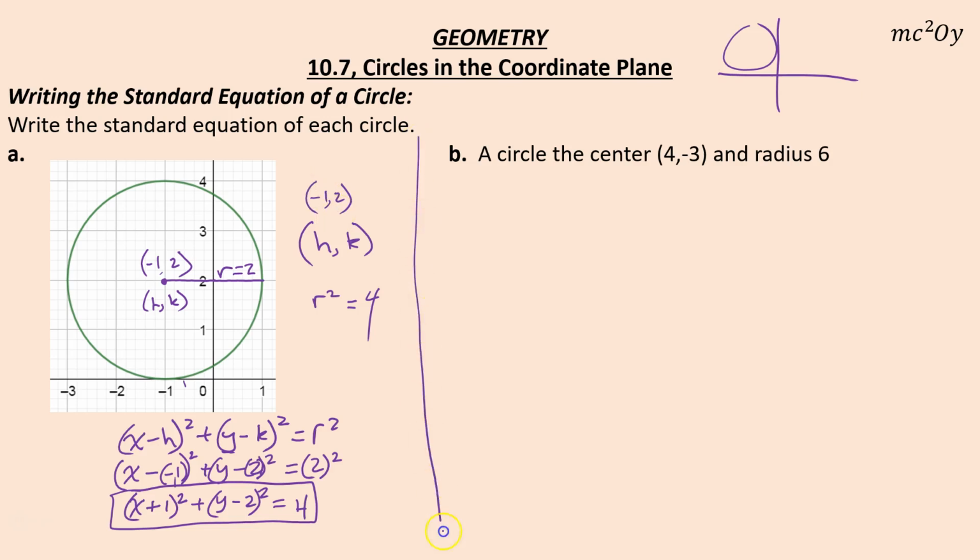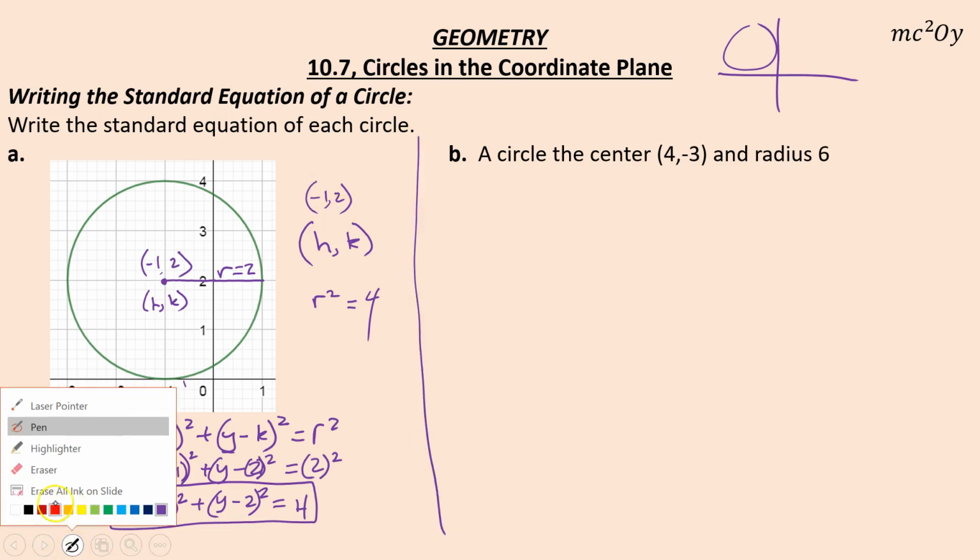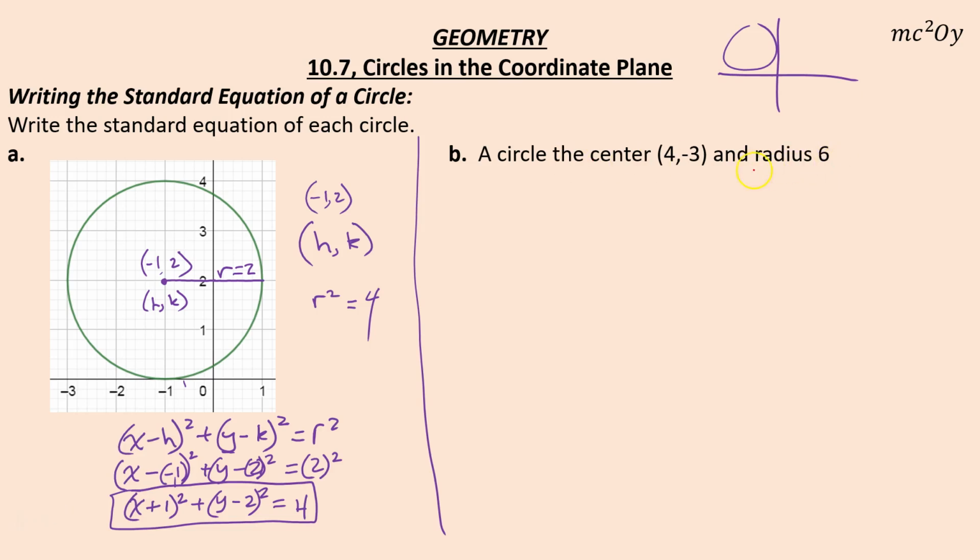Let's try another one, with a bit of a different description. A circle is centered at (4, negative 3) and has a radius of 6. The center is (h, k), and with a radius of 6, r squared is 36.